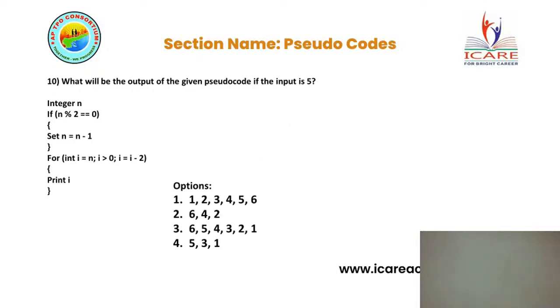What will be the output of the pseudocode if the input is 5? There is pseudocode. They are asking the output if the input is 5.